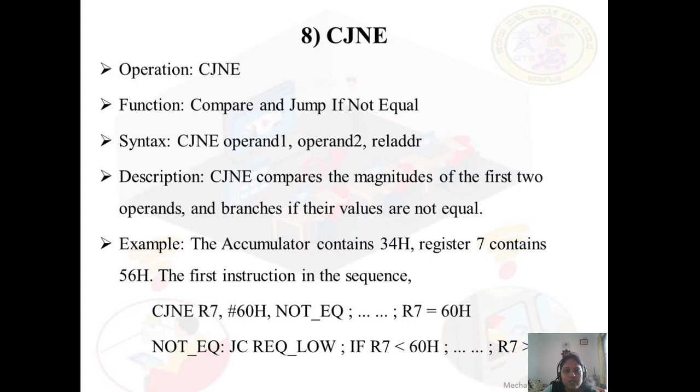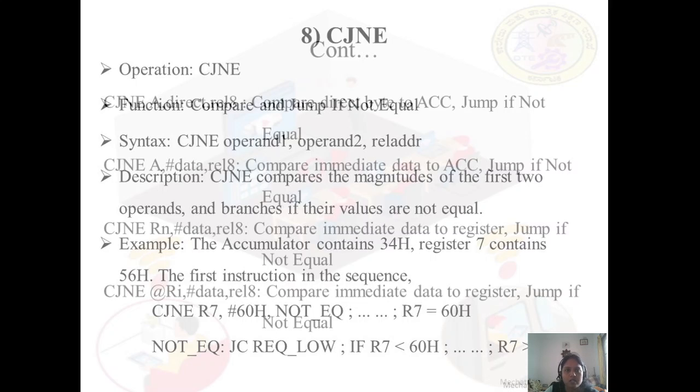In our R7 we are having 56H and the other is 60H. It is not equal. If it is not equal, then it will jump to the address of this label, that is, it will come here. Then JC, this is some other label. If it is equal, it will not jump. It will continue with the next instruction.